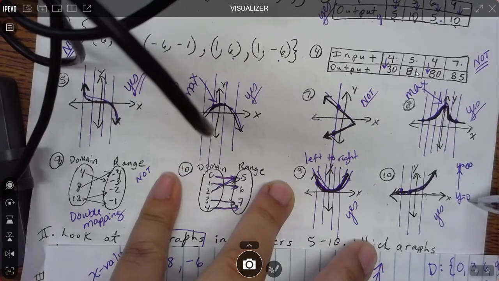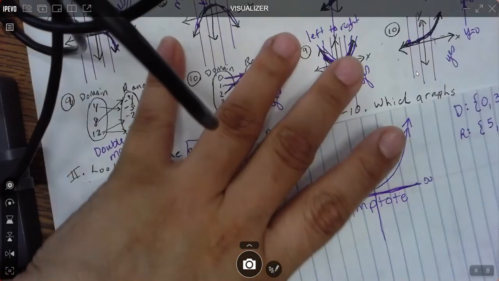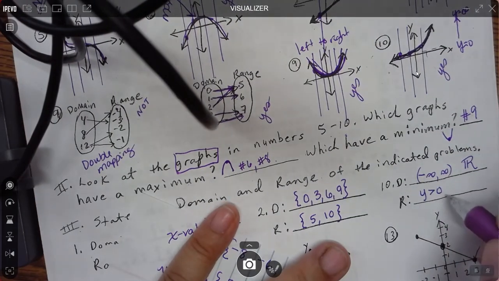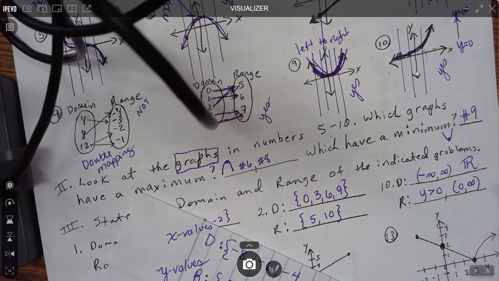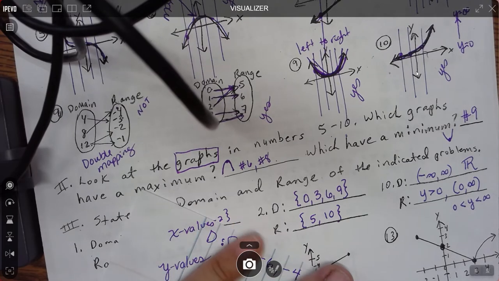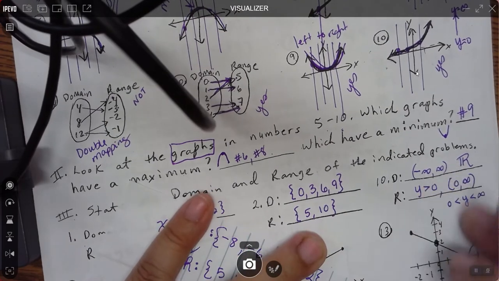So how do we say all the numbers bigger than 0? We say y is greater than 0. We say it can be from 0 to infinity. We say that it can be y is less than infinity, less than 0, and so on and so forth. So there are different ways of writing the answer for that.